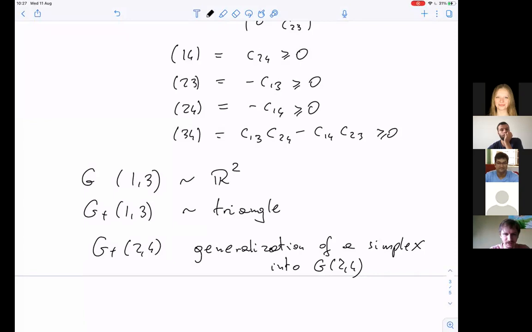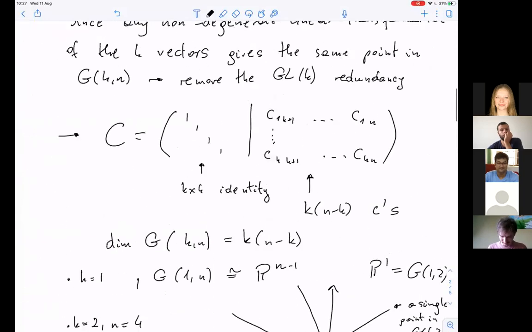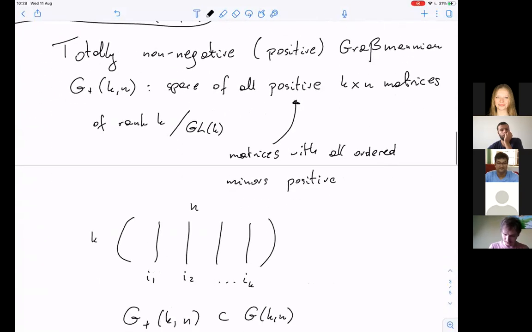Positive still non-negative for G plus. Yeah, so one should really be careful here. I'm always not very careful, but the totally non-negative means that, sorry, let me just remove this part here. I should say non-negative or positive.